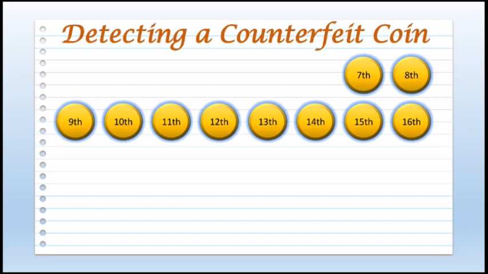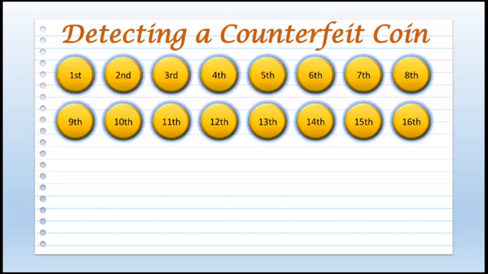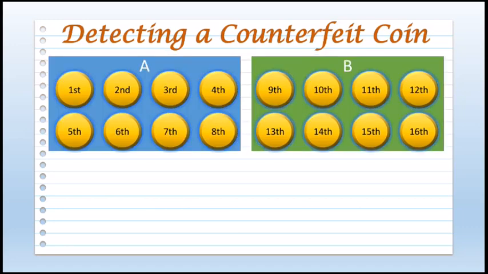As per the given problem, there are 16 coins. We can divide the coins into two groups, so each group, or set of coins, contains 8 coins. Suppose we consider the first 8 coins as A and the last 8 coins as B. Now we have to find whether set A or set B has a counterfeit coin.